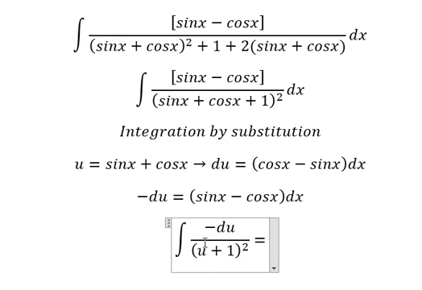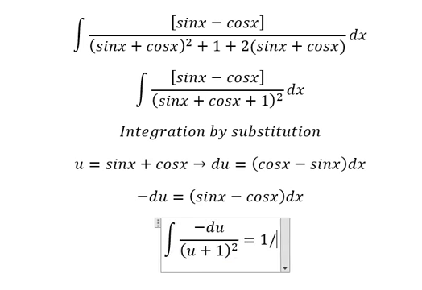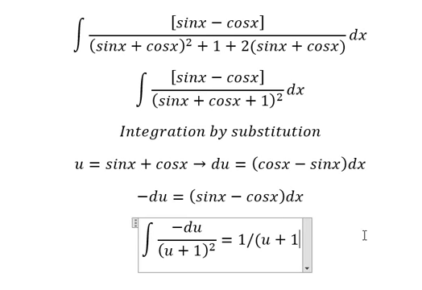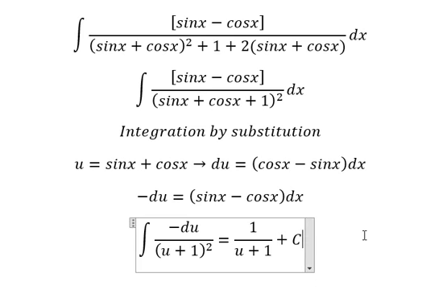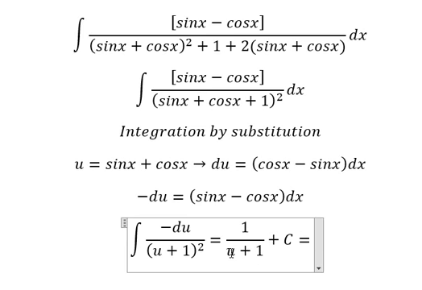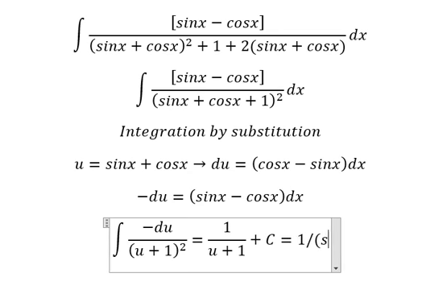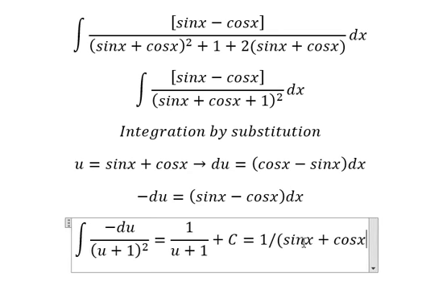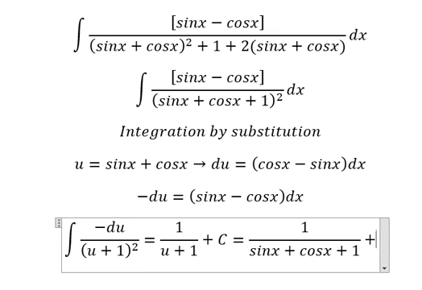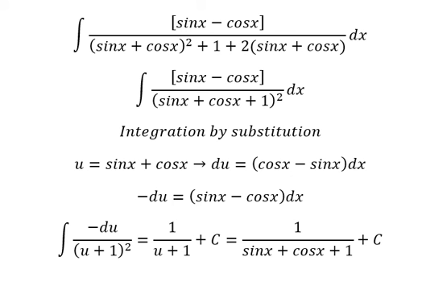The integration of this one, you get 1 over u plus 1, and we add C. Here u is sine x plus cosine x. This is the end. Thank you for watching.